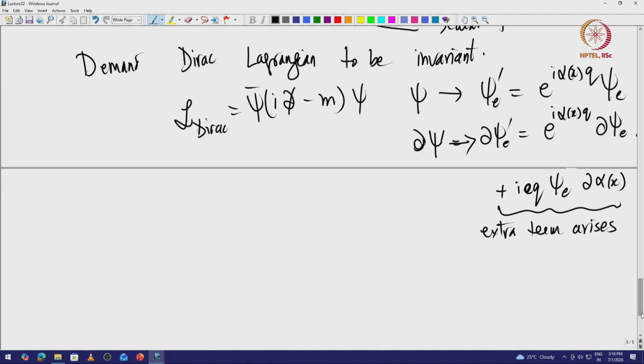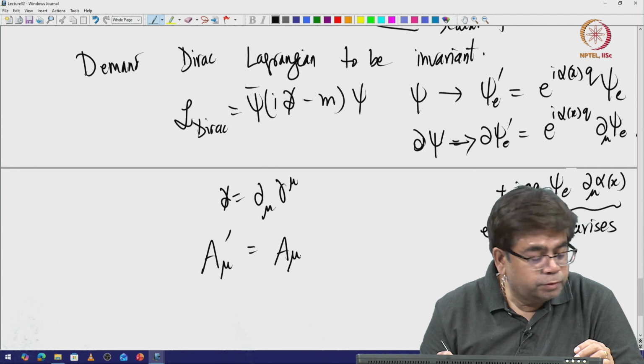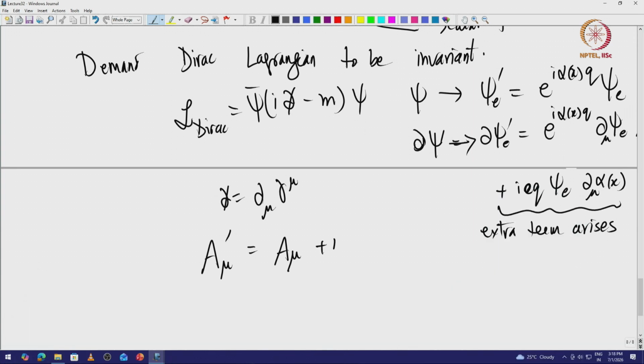Now suppose you have a new field, so what is del slash? It is equal to gamma mu del mu. Now suppose you have a field a mu which also transforms under this local gauge transformation as a mu plus i e q del mu alpha of x, okay.